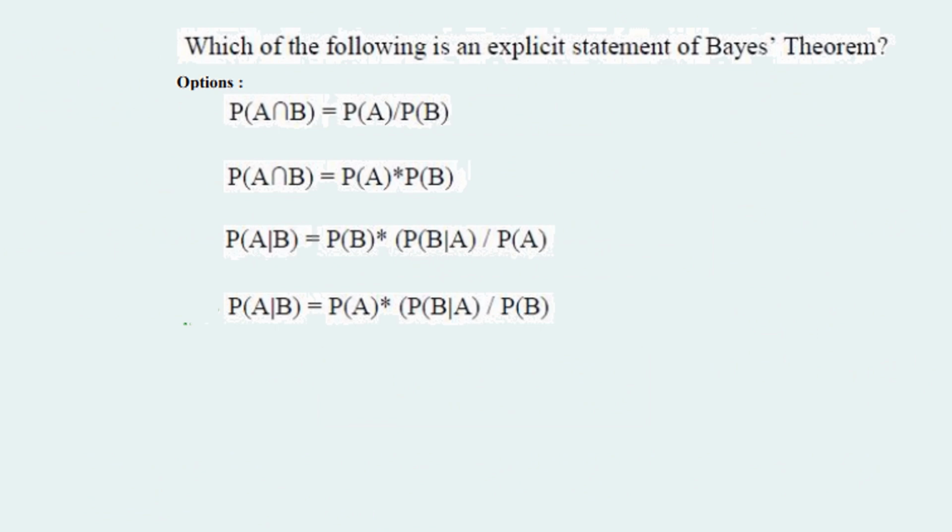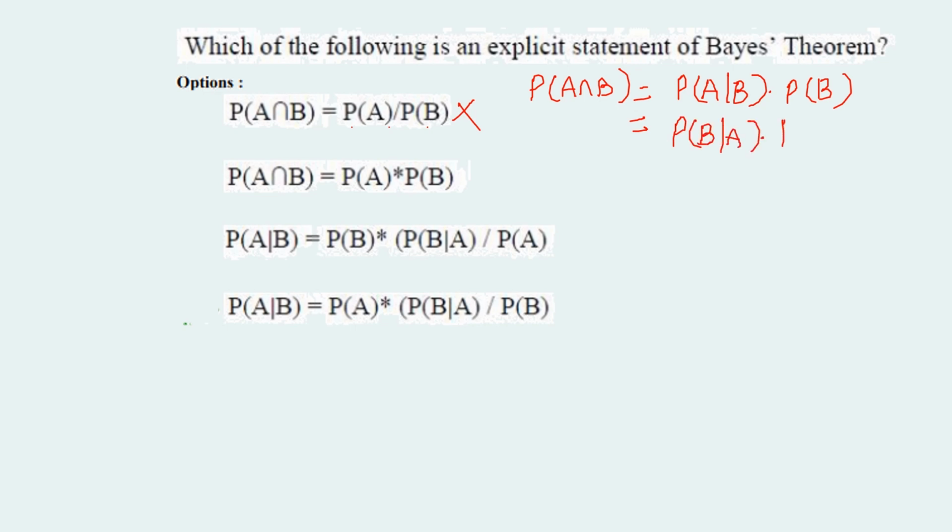Let's observe the options. Probability of A intersection B is equal to probability of A by probability of B. This is not true because we have seen probability of A intersection B is equal to probability of A given B times probability of B, that is equal to probability of B given A times probability of A, for dependent events.